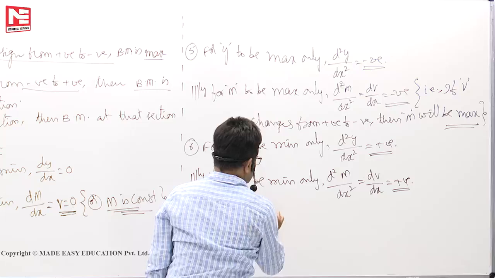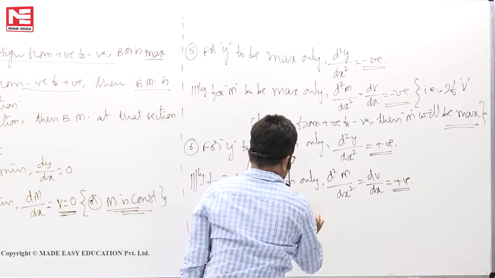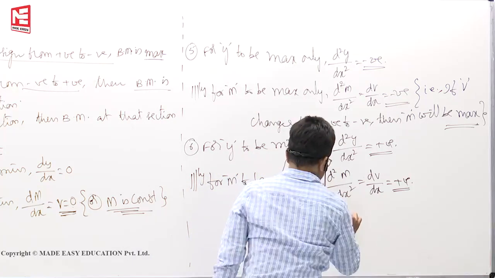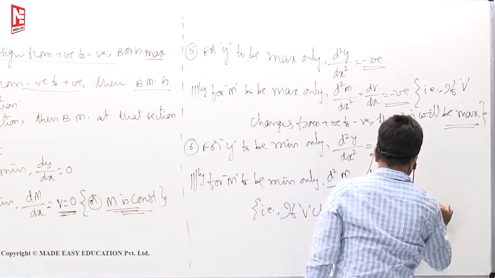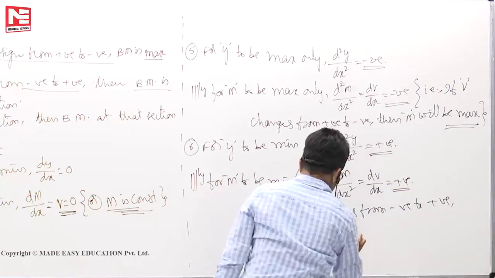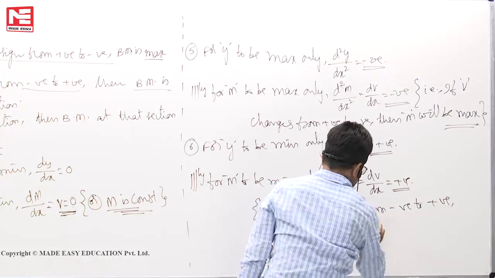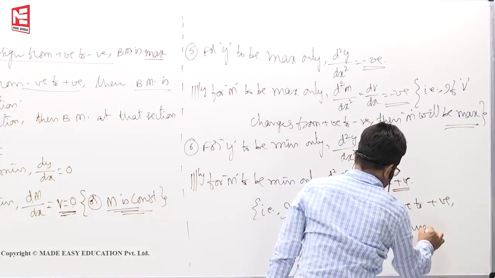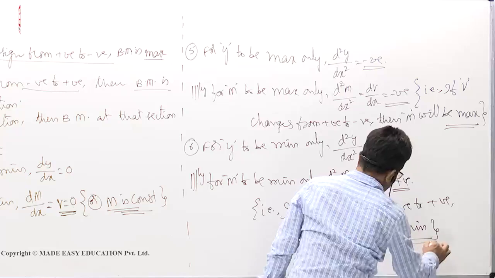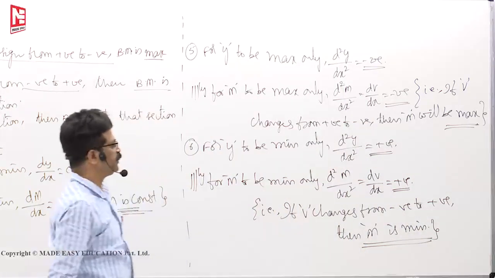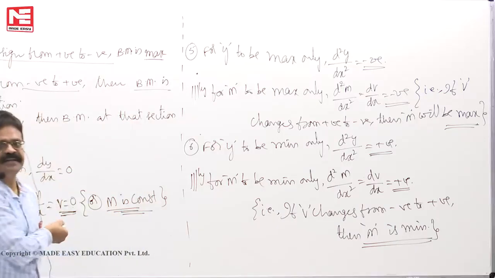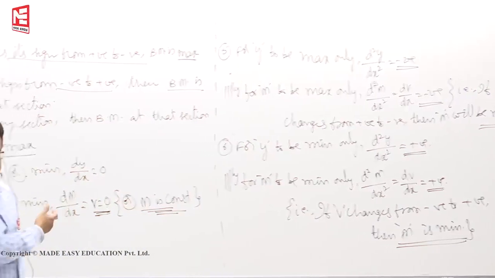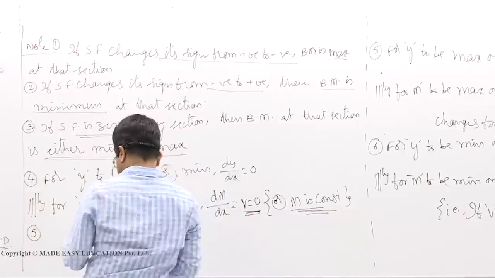That means if V changes from negative to positive, then M is minimum. You will get only the minimum quantity. This is what we have learned in mathematics, and the same thing is applied here also. No special cases as such here.